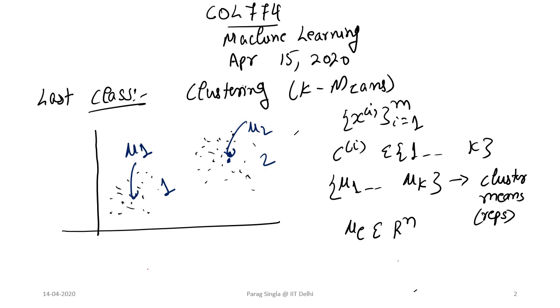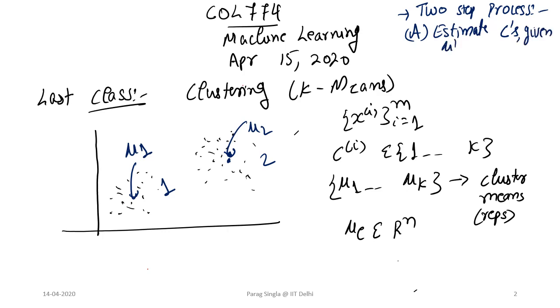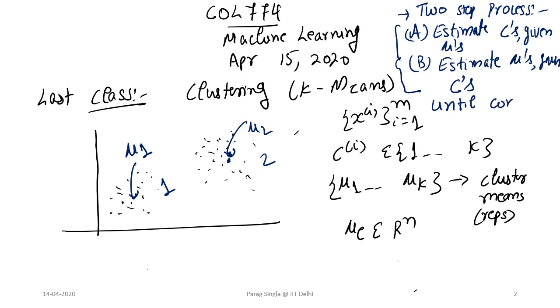And to obtain this, we had a two-step process. In step A, we said estimate C's given mu's. And in the B step, we said estimate mu's given C's. And we essentially ran it until convergence.